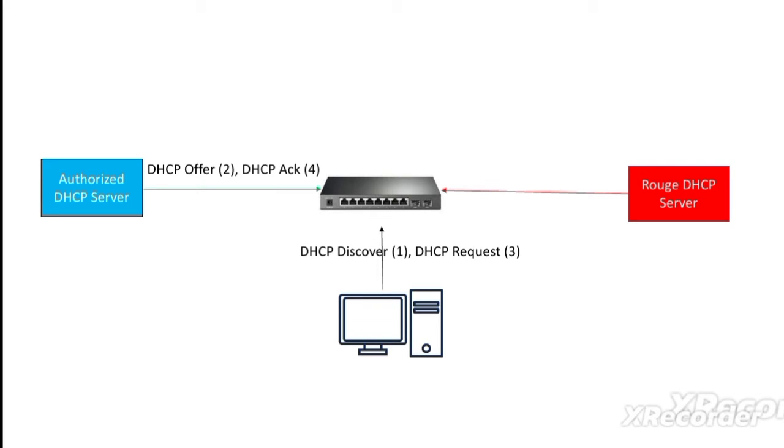A hacker can set up a rogue DHCP server and can offer rogue DHCP configurations to the client in response to the client's DHCP Discover message. These rogue configurations may include the IP address of a fake gateway.